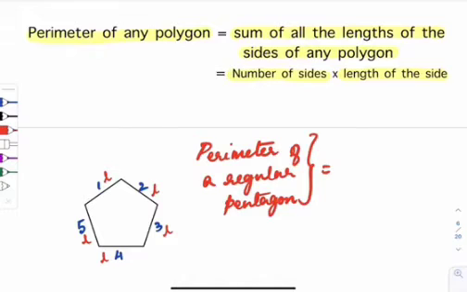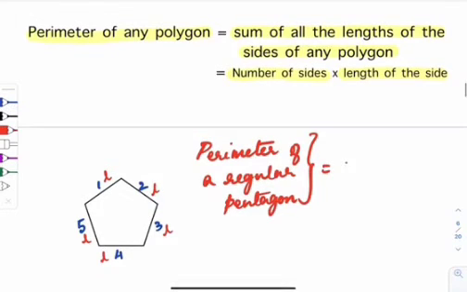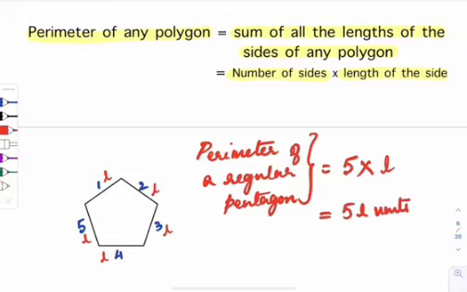How many sides does the pentagon have? It is 5. Correct? Multiplied by length of the side. Now we are not given any kind of measurement, so we consider it as L itself. So 5 L units is the formula that you have to have to find the perimeter of a regular pentagon.